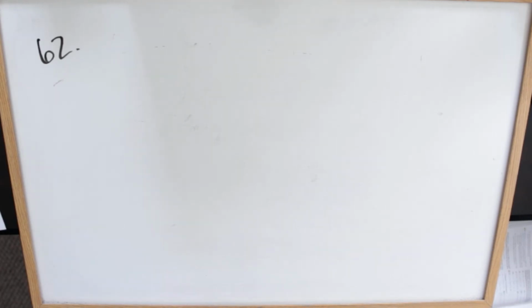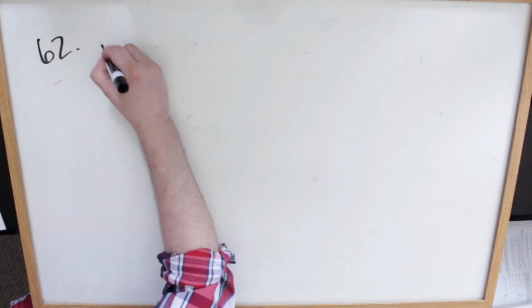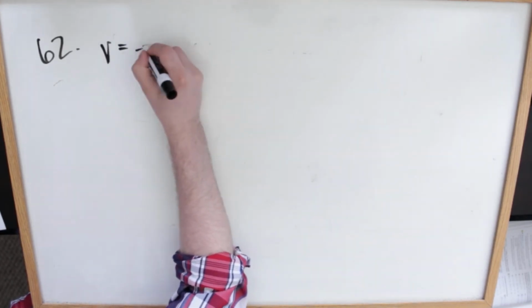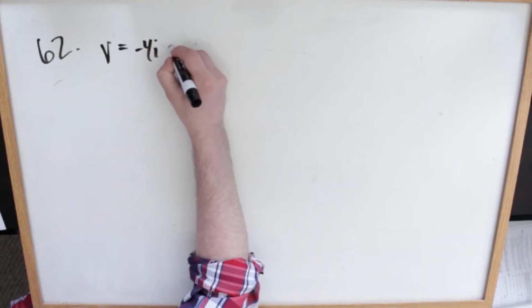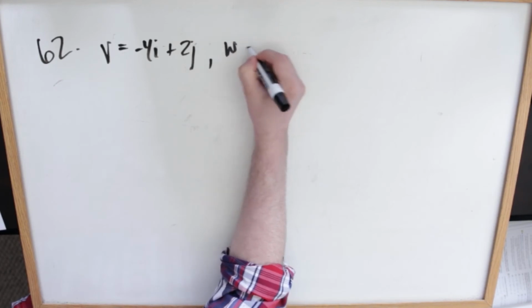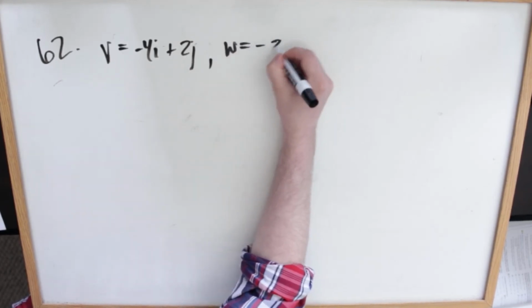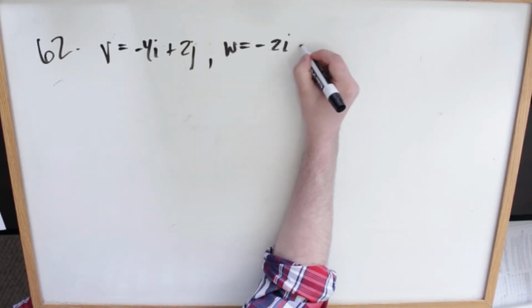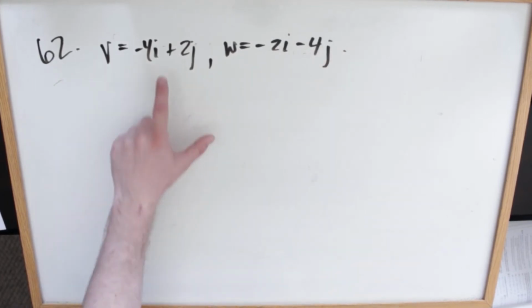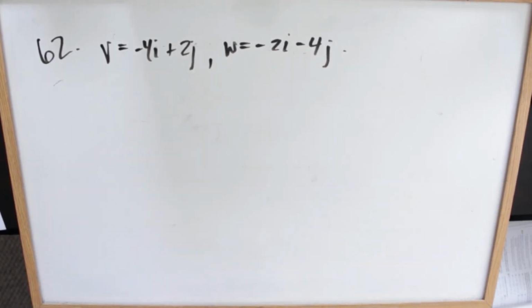So now we're looking at the dot product of these vectors. So v is equal to minus 4i plus 2j. W is equal to minus 2i minus 4j. By the way, I don't know if you realize this, these are just a different way of representing the components.